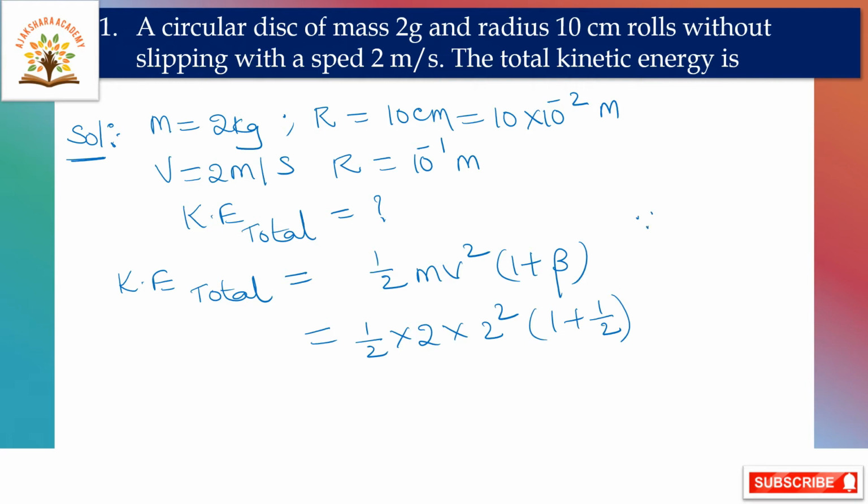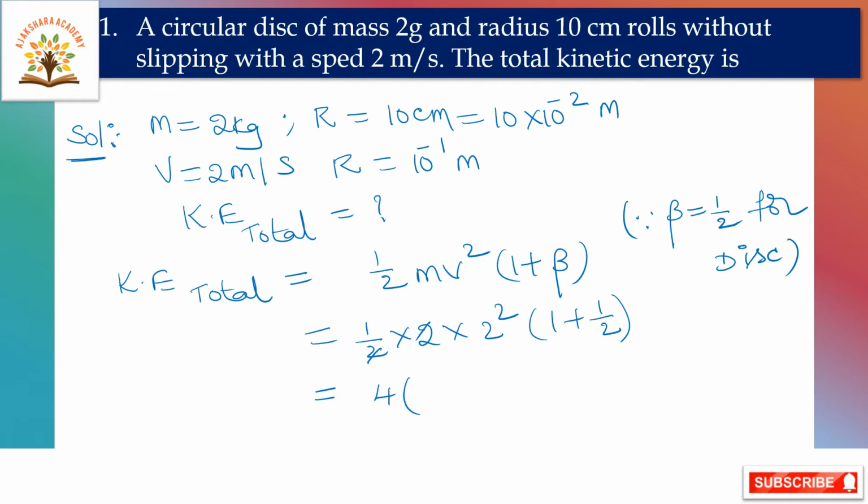Here, why are we substituting beta as 1 by 2? Because this is the circular disc. That is equal to, 2 gets cancelled, 2 square is 4, into (2 plus 1 by 2).